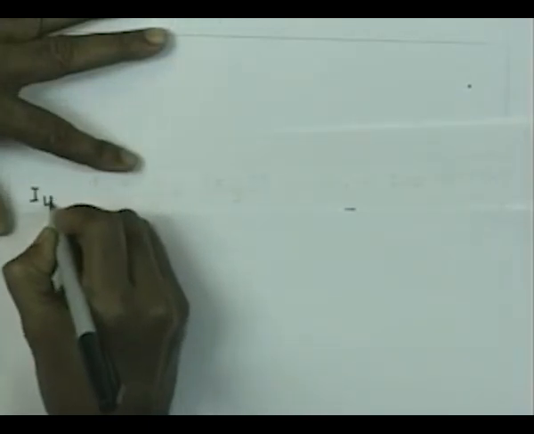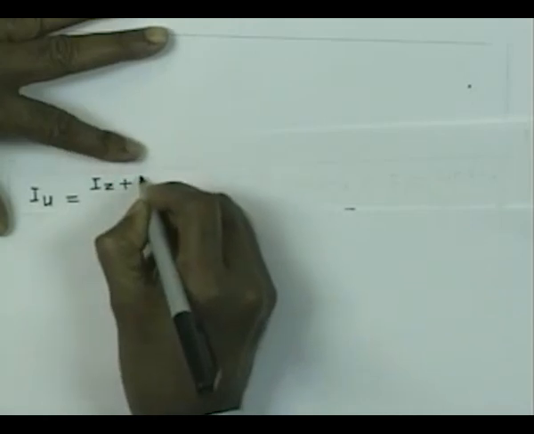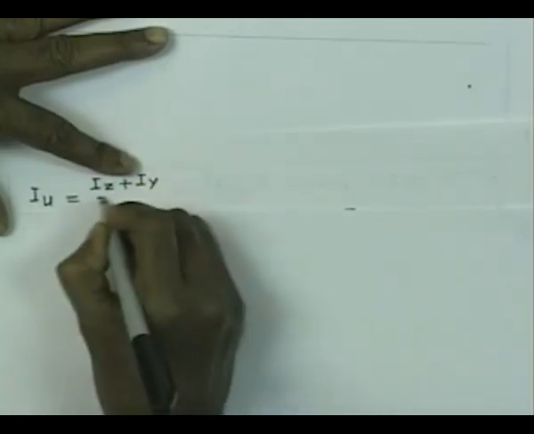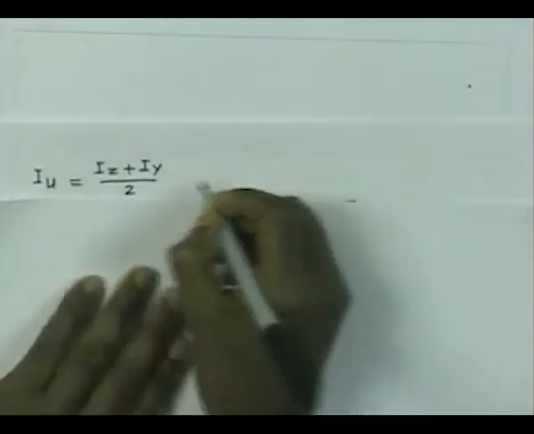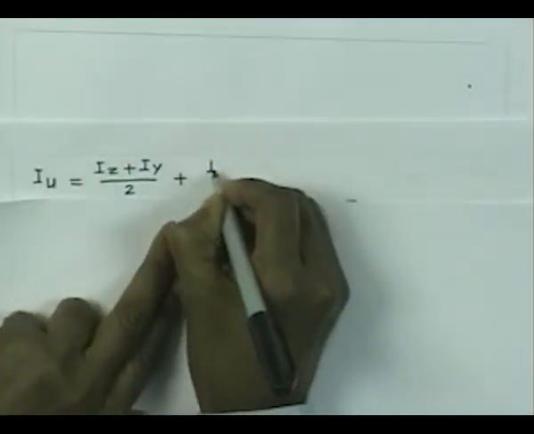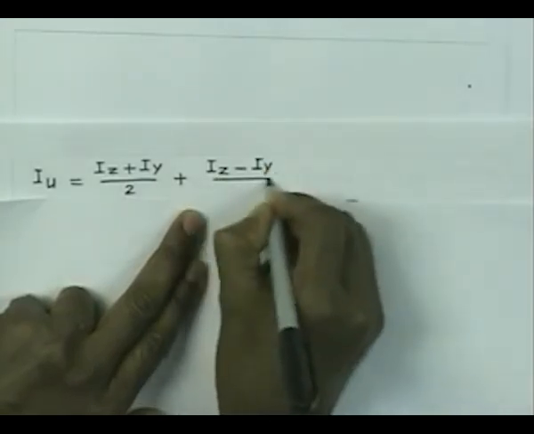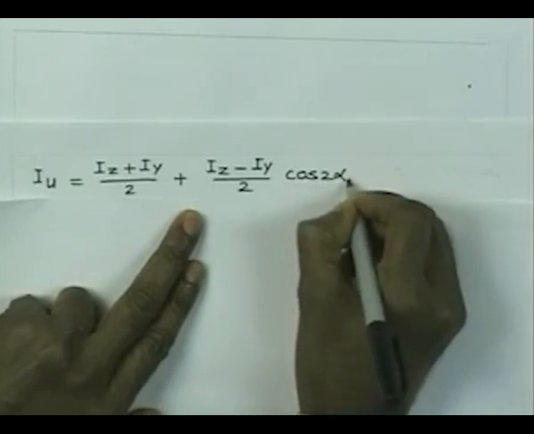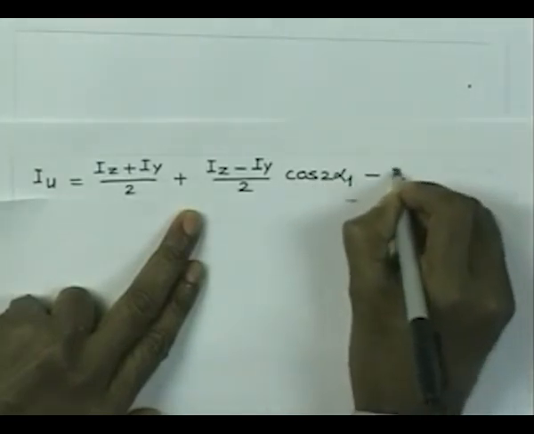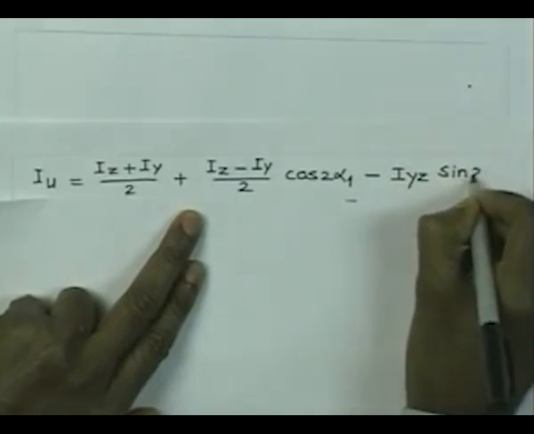We have I U equal to I Z plus I Y by 2 plus I Z minus I Y by 2 cosine 2 alpha 1 minus I YZ sine 2 alpha 1.